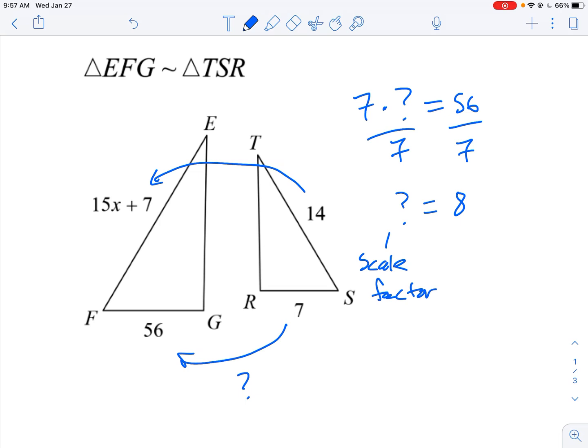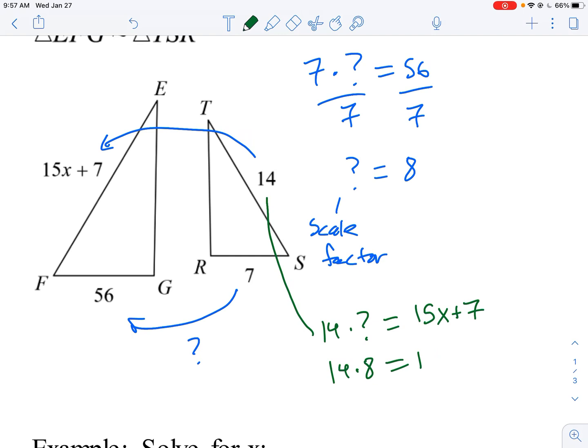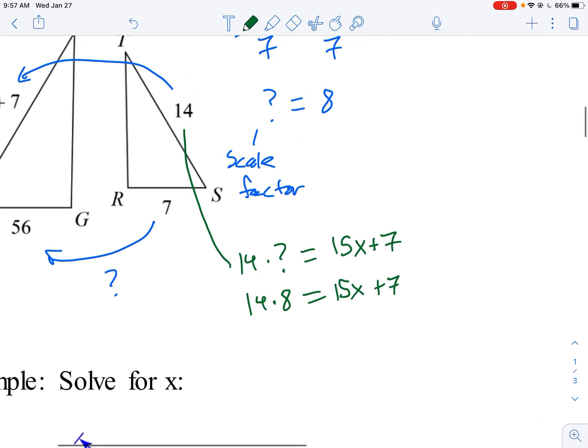So that means if I take 14 and times by my scale factor, I'm going to get 15x plus 7. So I'm going to do 14 times 8 to get 15x plus 7. And then I can finish solving this. 14 times 8, so use my calculator here, 112 equals 15x plus 7.